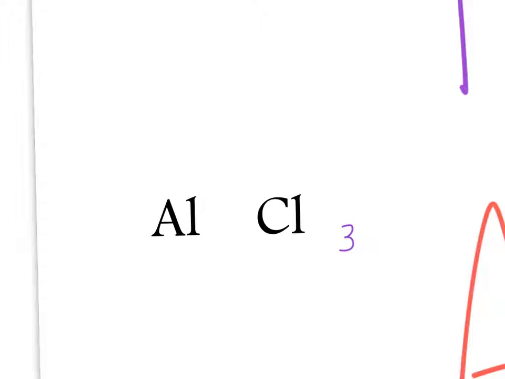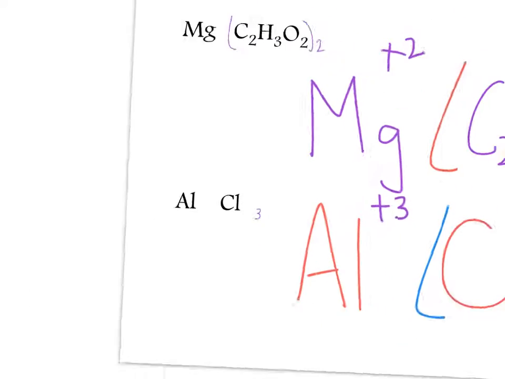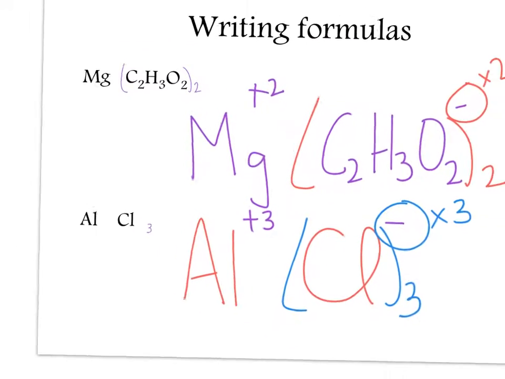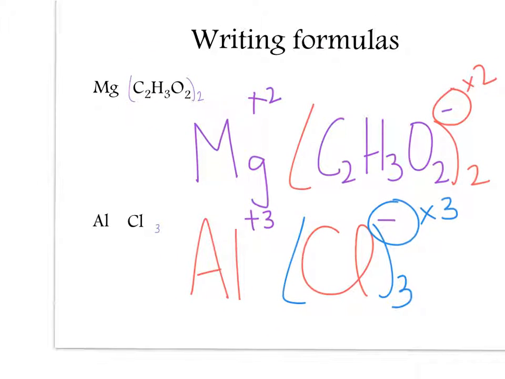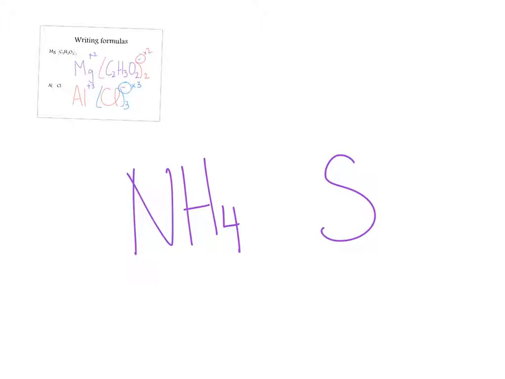Okay, I will zoom back out and tell you one more thing. So far we've put the subscripts only on the anions, but you can put the subscripts on the cations as well. I'm going to zoom this all the way out and move it up there and do one where the charge will be on the other, such as number 7, which has NH4 and S. So know from your common ion sheet that NH4 is +1 and sulfur from the periodic table is -2.